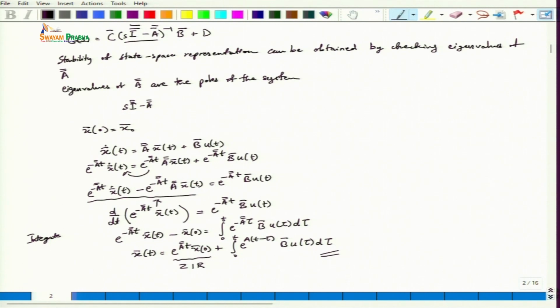So this is the zero input response, and the integral part is the zero state response. That means that if we assume the state to be 0, this part will vanish and we will be just left with this integral part, that is the contribution of the input.